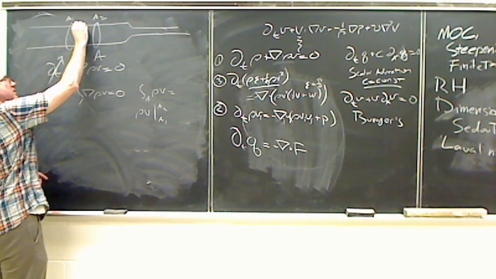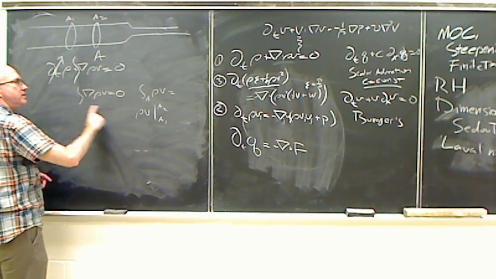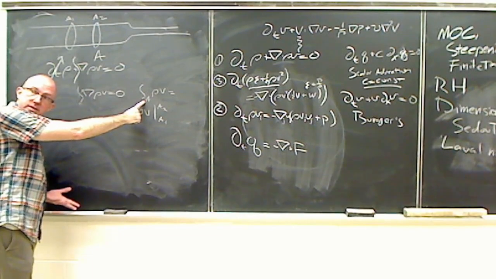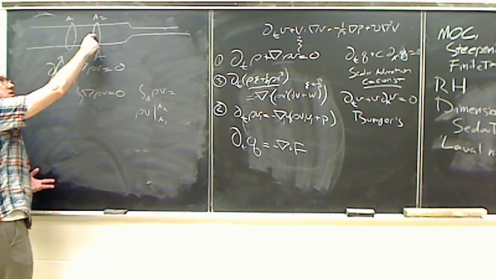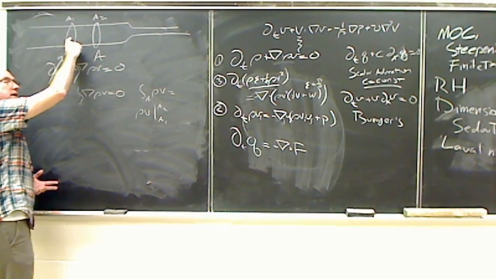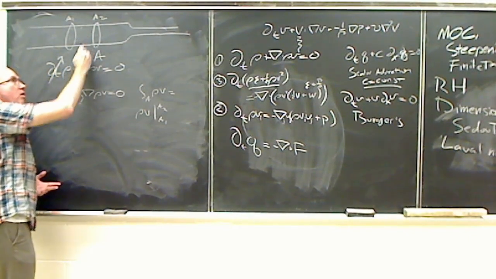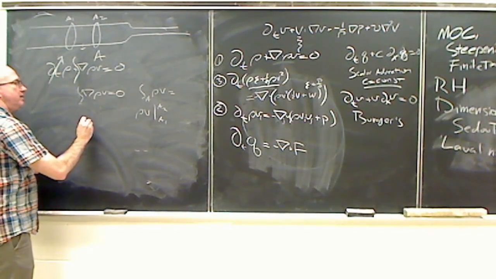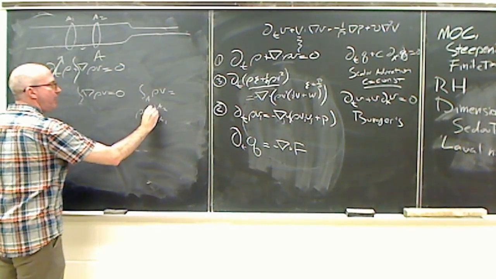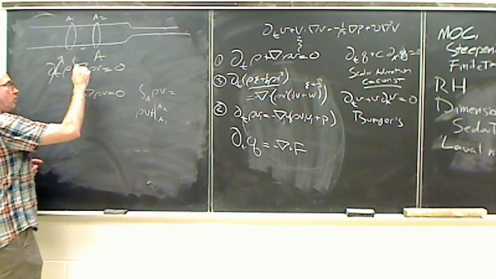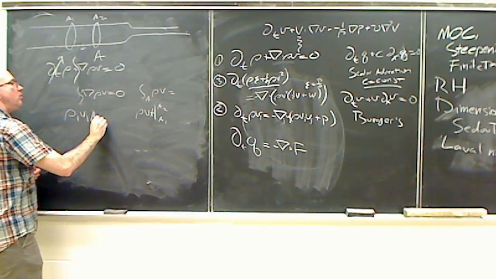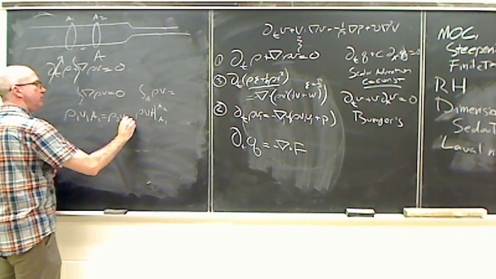When I do this integral, this is a volume integral, so it turns into a surface integral over all of the surface. But I only need to deal with the surface on this side and this side, because at the wall the velocity is 0. So the velocity can't go out the wall, it can only go out the front and the back. So the continuity equation turns into simply rho 1 v1 A1 equals rho 2 v2 A2.